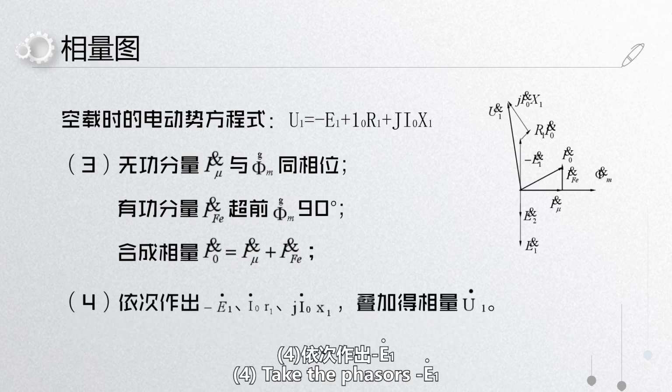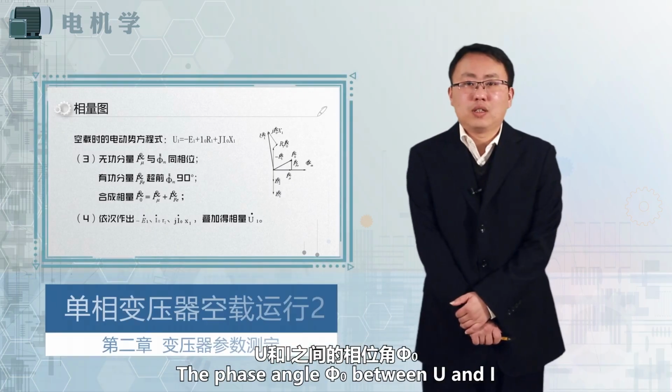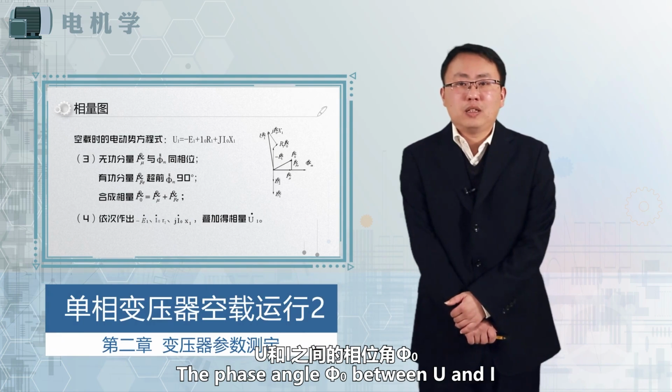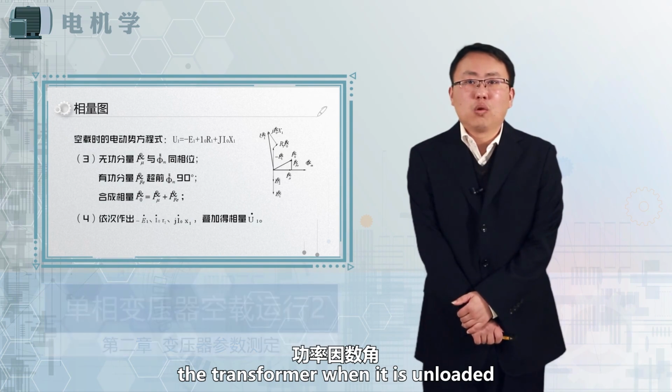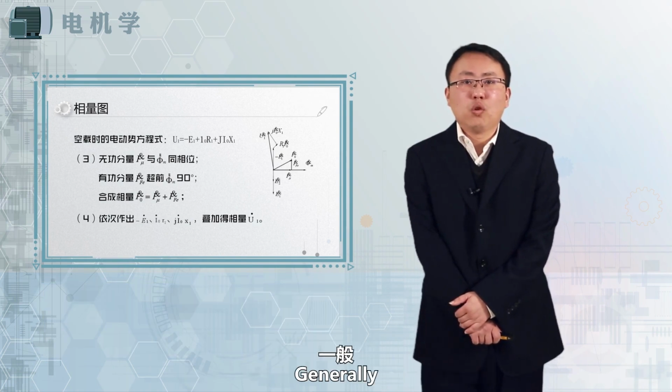Fourth, take the phasors minus E1, I0R1, and jI0X1 in sequence and add them together to obtain the phasor U1. The phase angle phi 0 between U1 and I0 is the power factor angle of the transformer when it is unloaded.